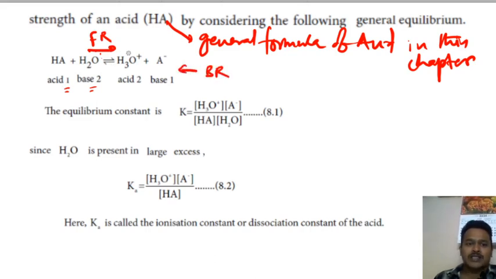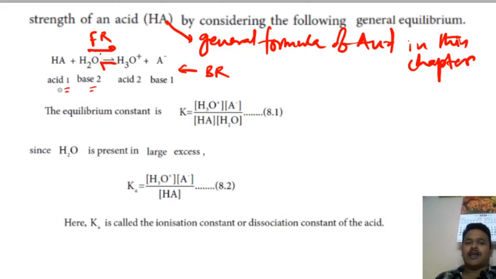H3O plus converts into H2O, losing H plus, so it is an acid now. A minus becomes HA, accepting H plus, so it is a base. So in the forward reaction acid 1 and base 2 are explained, and in the backward reaction acid 2 and base 1.